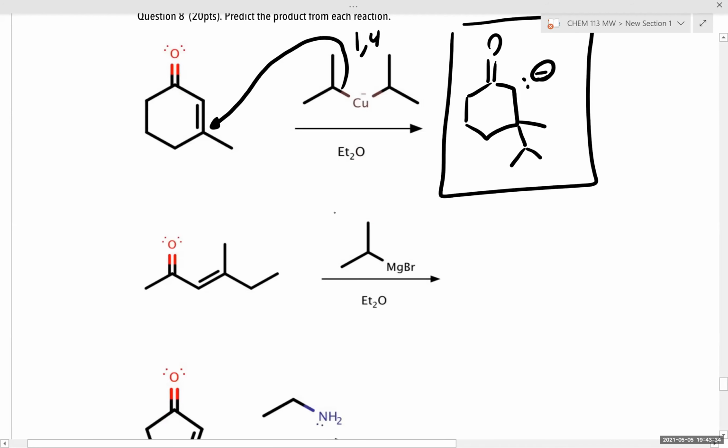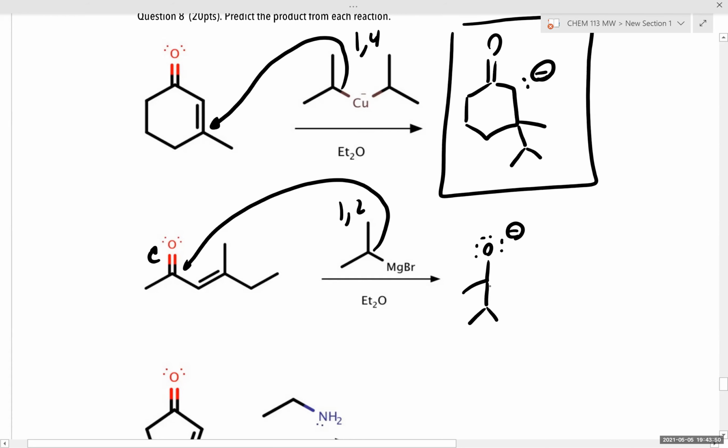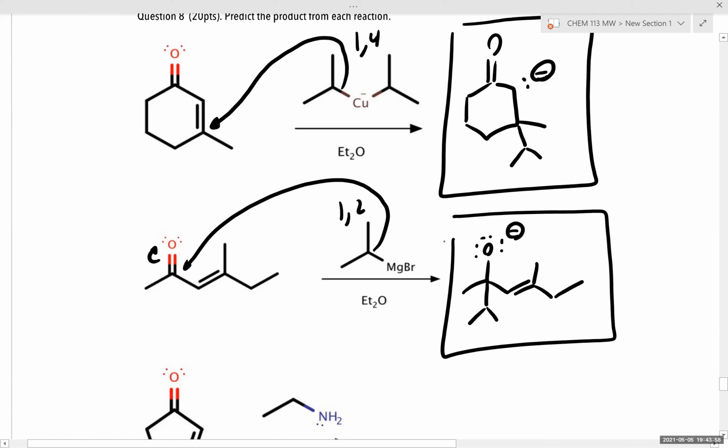Grignard reagents, by comparison, prefer to add 1,2. They are considered quote-unquote hard nucleophiles. As such, our isopropyl group adds 1,2 to the carbonyl carbon, giving us the following product.